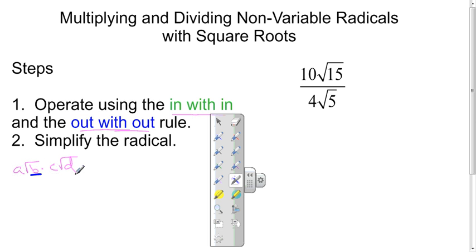Similarly, b and d are inside the radical. So following that rule, it's quite simple to say you could do a times c and then multiply that by the radical of, you guessed it, b times d.